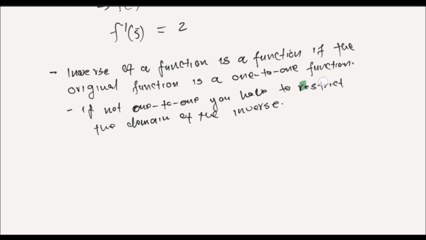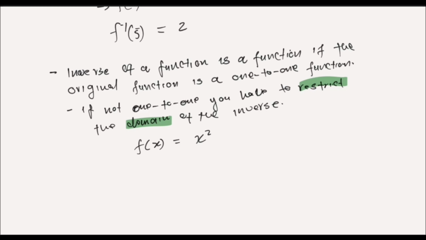When you restrict the domain, what you are doing is choosing certain values of x to input into your function. For instance, let's say we have an original function, f of x is equal to x squared. The inverse of this function is not a function.